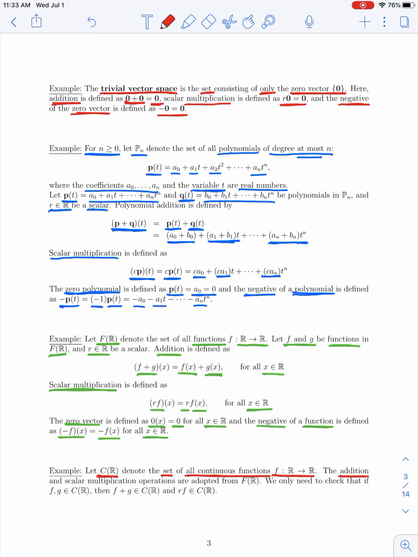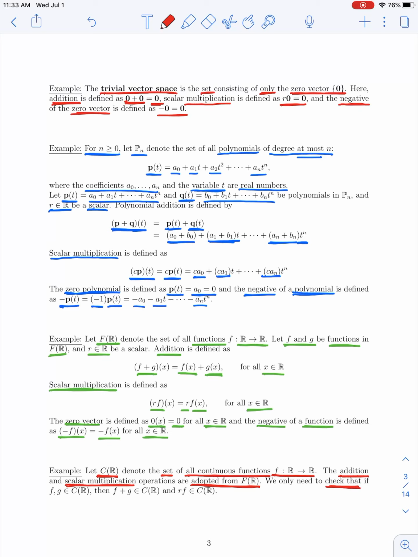And for this space, we could define addition and scalar multiplication in the exact same way that we would for the set of all functions from R to itself. The only thing that we have to be a little bit careful of when we're working with the space of continuous functions is we need to make sure that it is closed under vector addition and scalar multiplication.